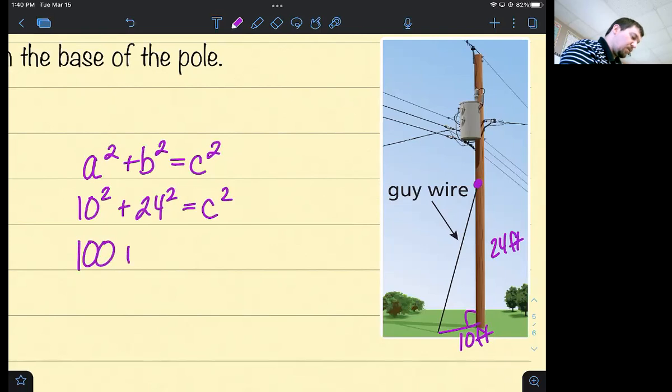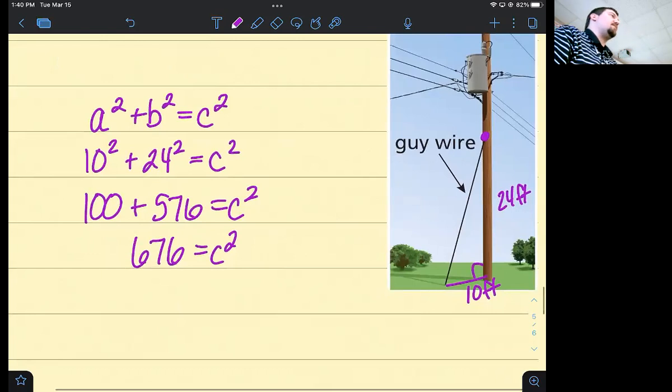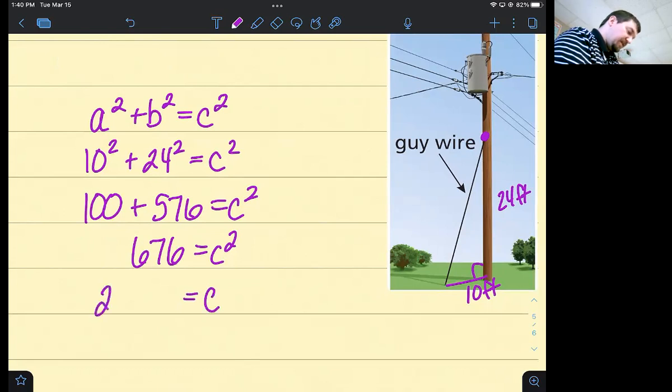For those of you who have done your perfect squares, what's 24 squared? 576. So 676 equals c squared. Can someone tell me what the square root of 676 is? Awesome. 26. So now you know the 26th perfect square. 676, and that's going to be 26 feet.